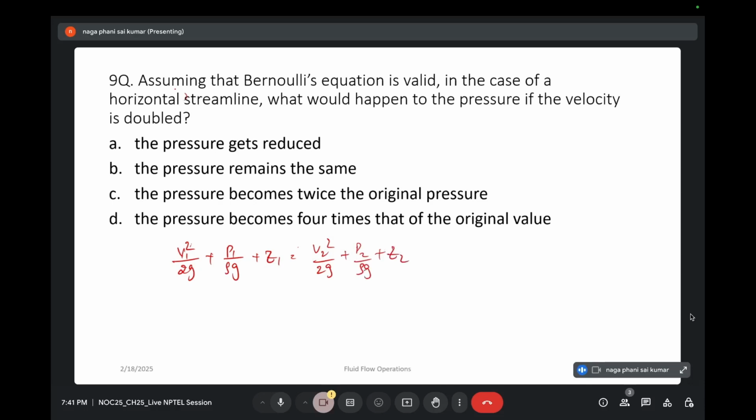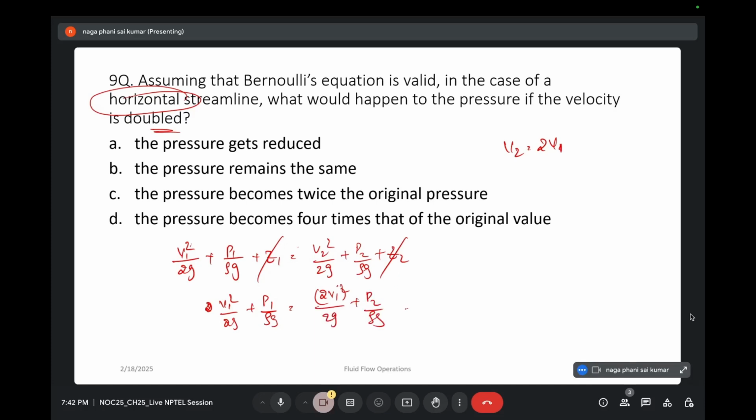It is mentioned that this is a horizontal streamline, so Z will be the same and gets cancelled out. Here velocity is doubled, so V2 is equal to 2V1. If you substitute that, V1 square by 2g plus P1 by rho g will be equal to 2V1 square by 2g plus P2 by rho g.